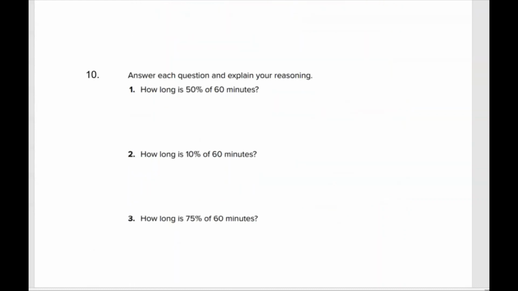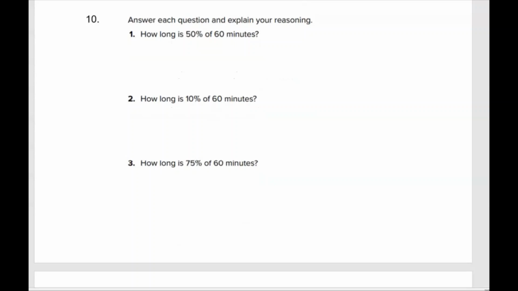It says, answer each question and explain your reasoning. How long is 50% of 60 minutes? Again, remember 50% is half. So half of 60 minutes is 30 minutes. It says, how long is 10% of 60 minutes? Now remember, 10%, that rule that we just talked about, you got to move your decimal 1 to the left.